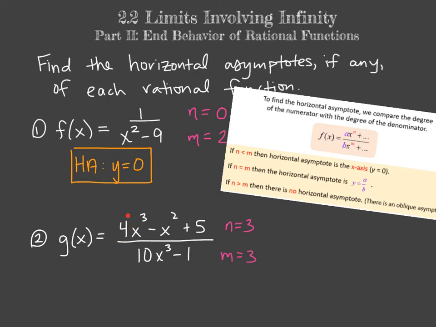Our lead coefficient here is 4, and our lead coefficient down here is 10. That means the horizontal asymptote is the horizontal line y equals 4/10, which is y equals 2/5. That means on both ends of our graph, our function levels out and approaches the horizontal line y equals 2/5.